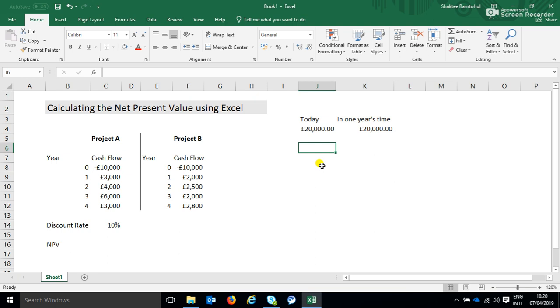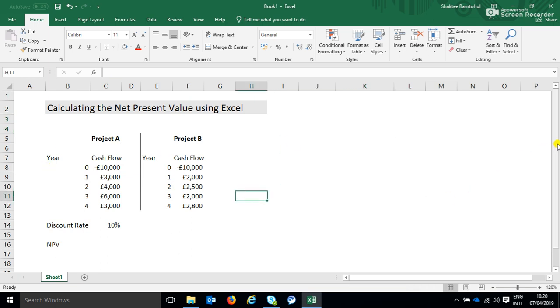And then you would take that amount plus the 10% in 1 year's time. Now, the second example is the opportunity cost. And this is exactly what we are trying to use in our example here. So let's get rid of this little example and let's go back to our calculation.